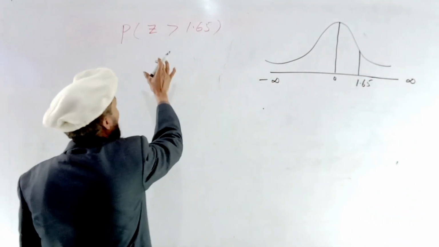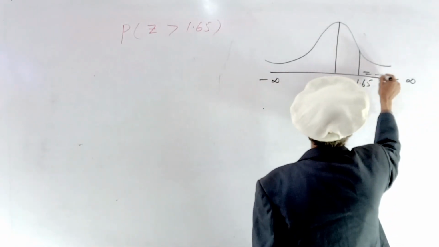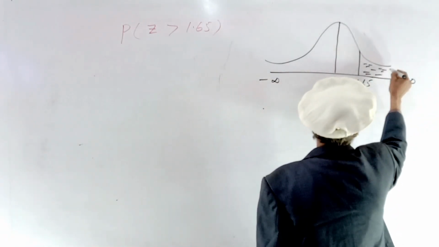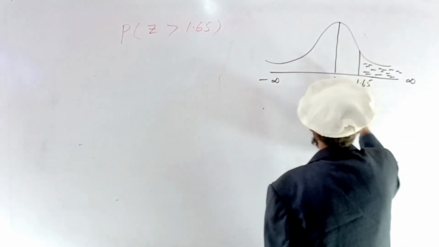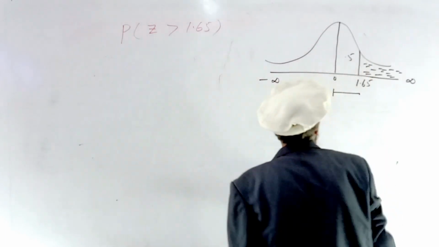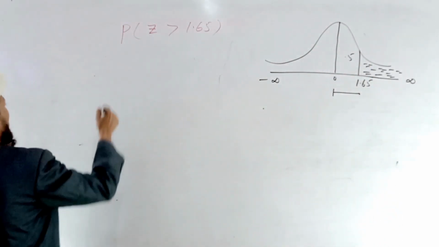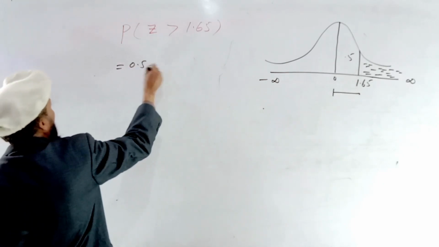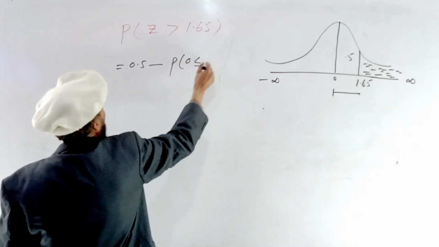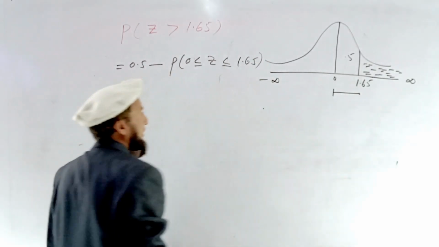Z greater than means this area is required. The probability on the left side is 0.5, so we subtract this area: 0.5 minus probability of 0 less than or equal to z less than or equal to 1.65.